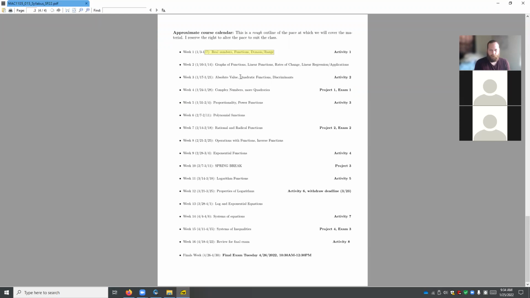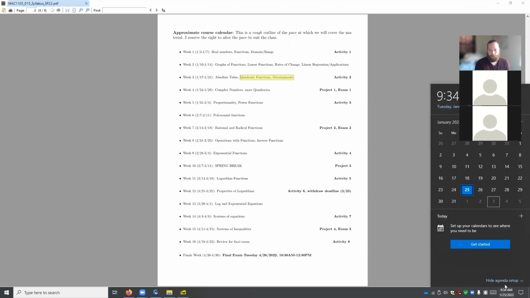We are actually right here in the material. So this week, on Thursday, we're going to do our second activity. Next week, we will do the project and most likely the exam. So the most likely date for your first test, just so everybody's on the same page, is the 3rd, which is a week from Thursday, 10 days from today.